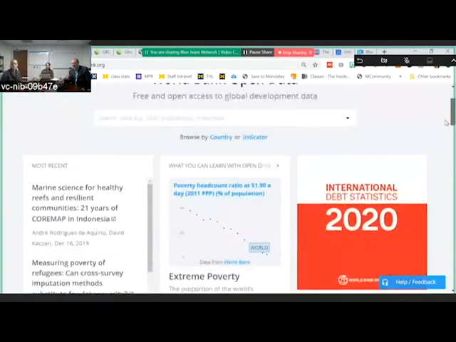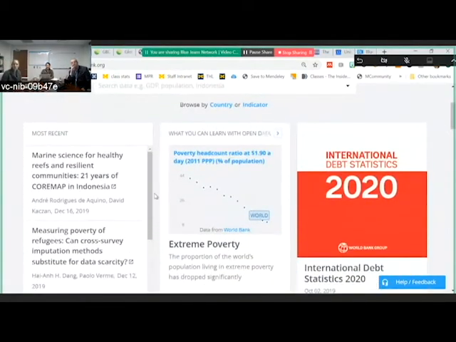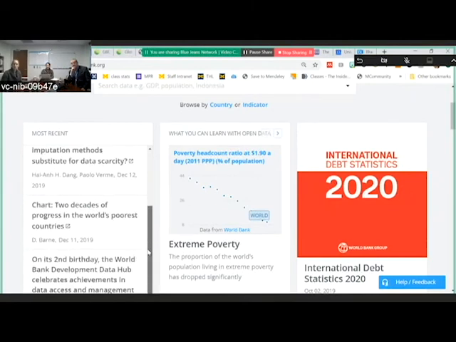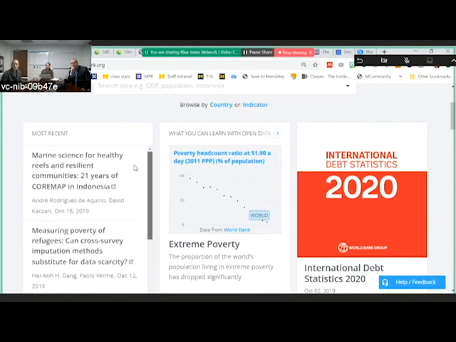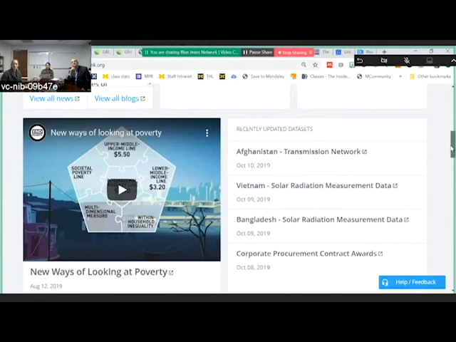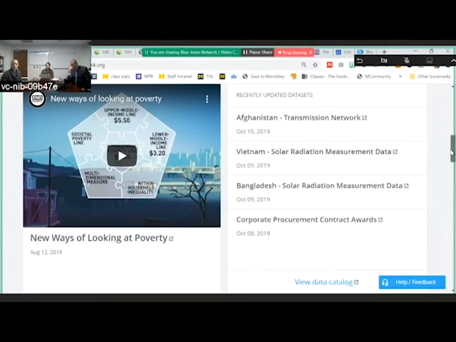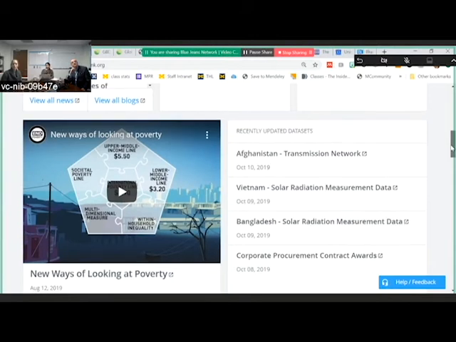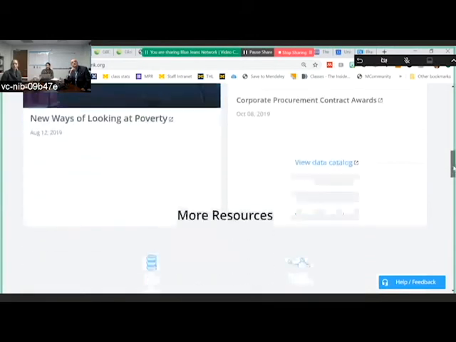One thing I really appreciate is they have this blog on using some of their data and the impact it shows. So the blog can be quite intriguing if you're interested in looking at the use of data. Here's some more information about new ways of looking at poverty, and that is in regards to the SDG goal of ending poverty.